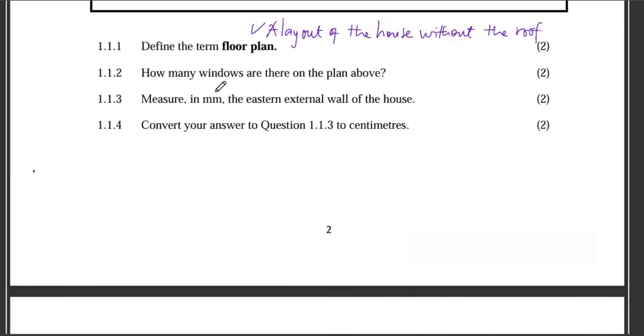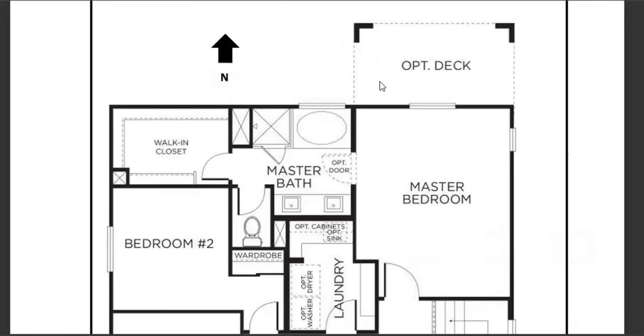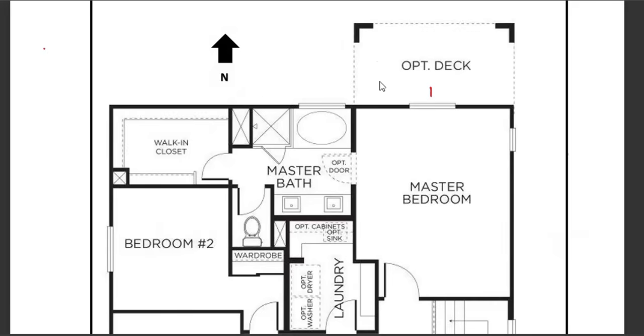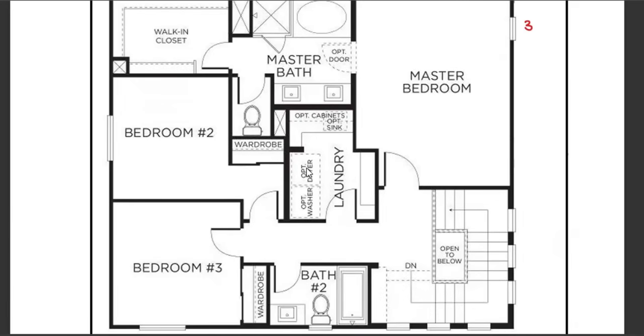Okay, how many windows are on the plan above? Let's say windows would be, we have 1. This is 1, 2, we have 3. We come down.